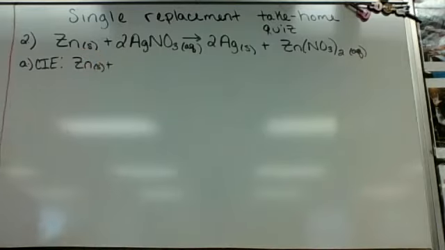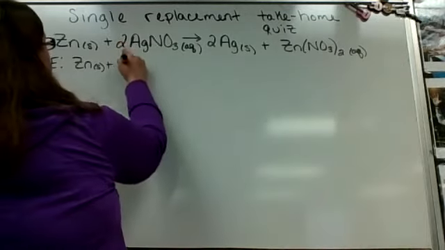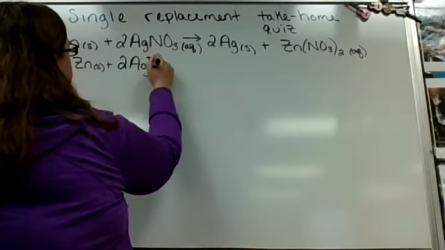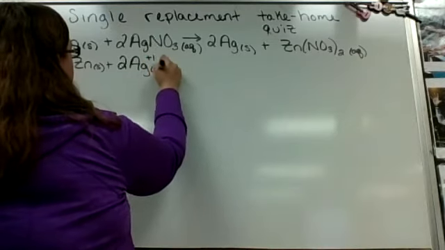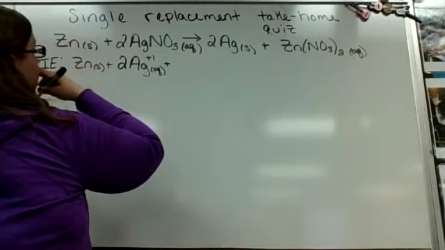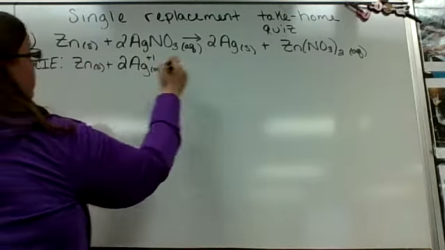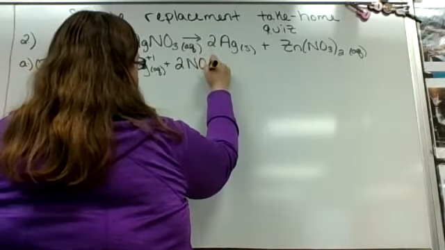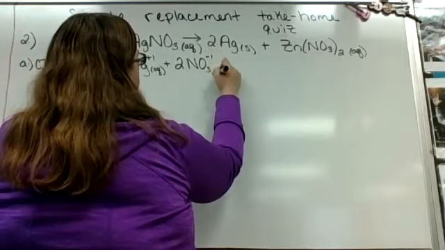However, what do we do to the 2AgNO3 aqueous? Break it apart. So it's going to be 2 Ag with its charge. If you forget, it's on your activity series. It's a +1. And then how many NO3s? 2. 2 NO3s. Because you keep everything the same about the polyatomic ion, but carry your balancing.